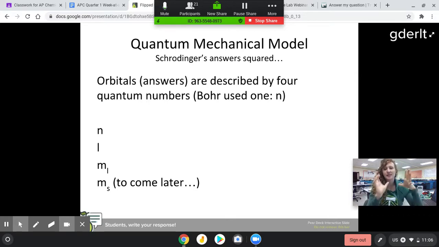So basically it's describing where an electron exists, and it's not talking about a specific location of the electron. It's talking about a region of probability. We are most likely to find the electron in this 3-dimensional space. This 3-dimensional space where we are most likely to find an electron, we are going to call an orbital.